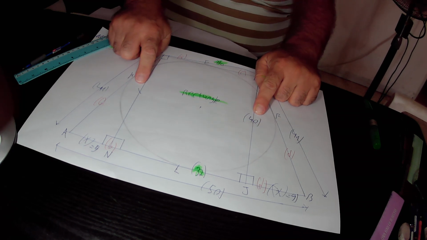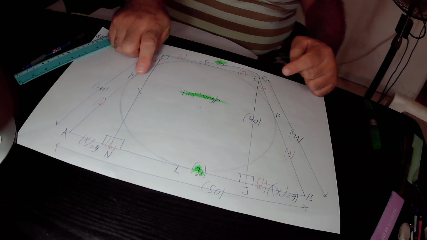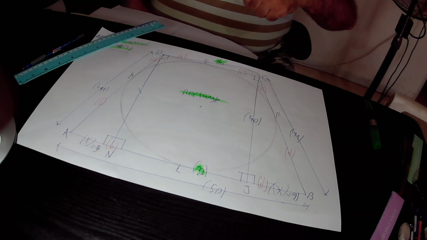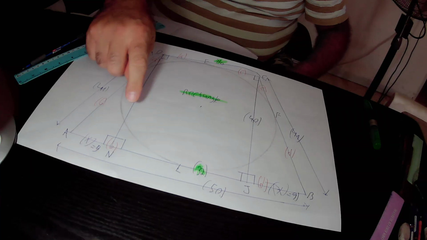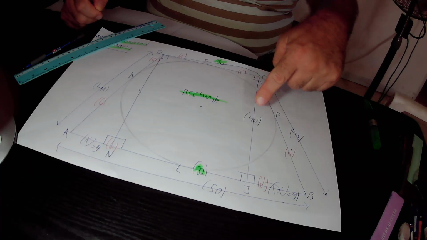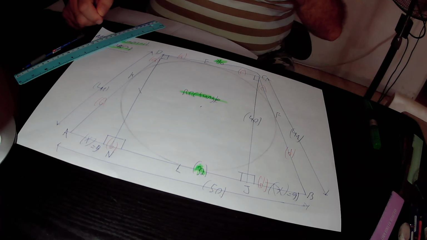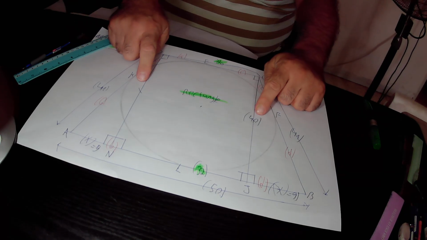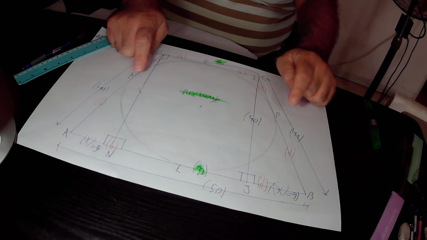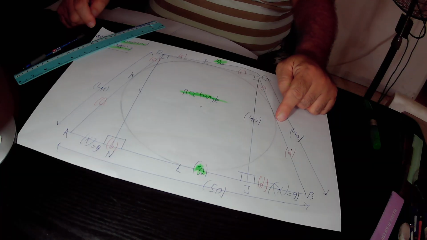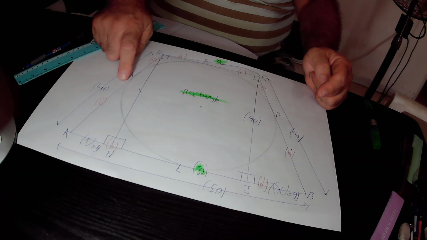So those two sides are equal to each other. So if we focus on the right triangle DNA and this right triangle DJB, we have those two sides equal to each other, and the hypotenuse CB is equal to the hypotenuse DA.